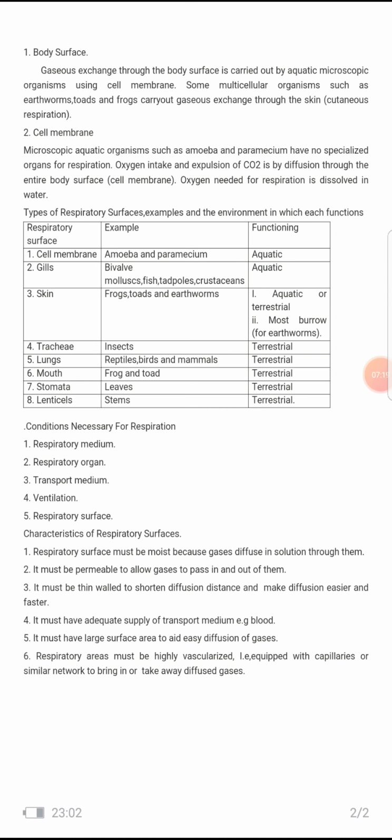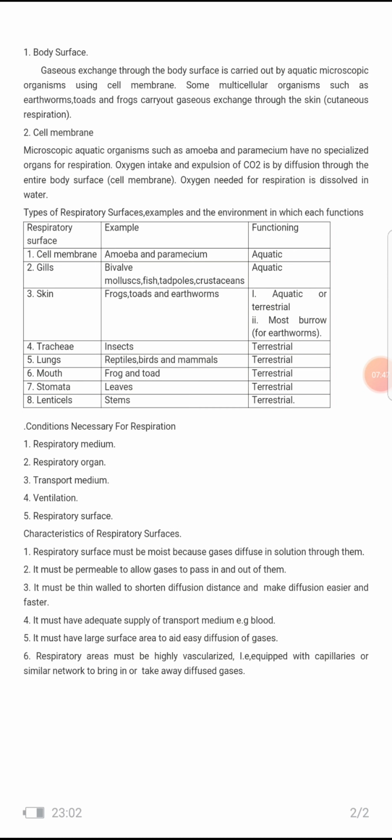You can find gills in mollusks, fish, tadpoles, and crustaceans, in aquatic habitats. Skin. Frogs, toads, and earthworms can be found in either aquatic or terrestrial habitats, and the earthworm burrows into the soil.